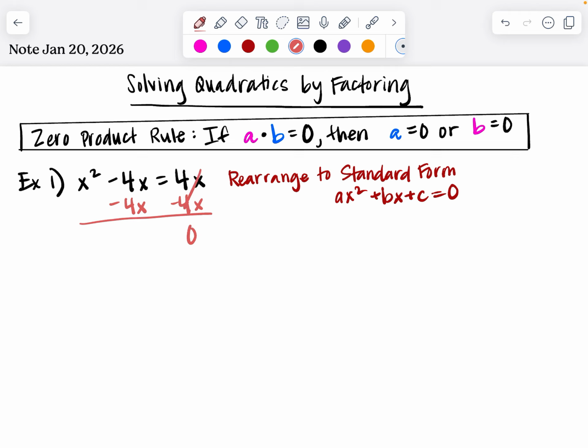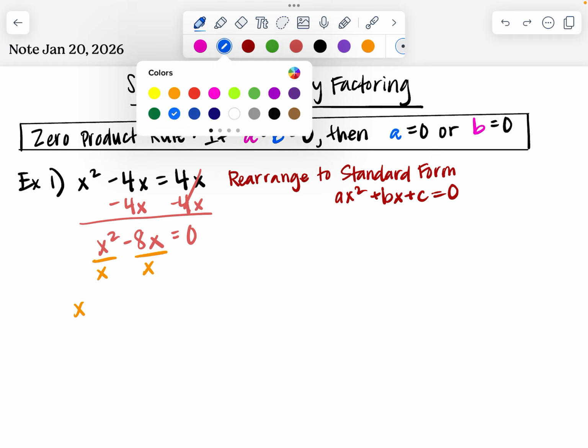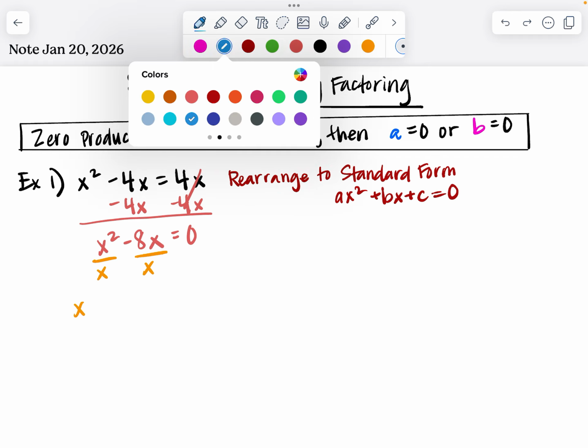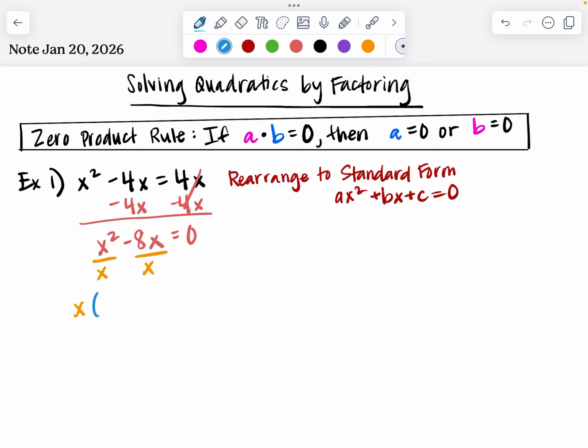And that gives us 0 on the right side, and x squared minus 8x on the left. So when we have a binomial, we just need to factor out the common factor, which is x. And we end up with x minus 8 inside the parentheses.